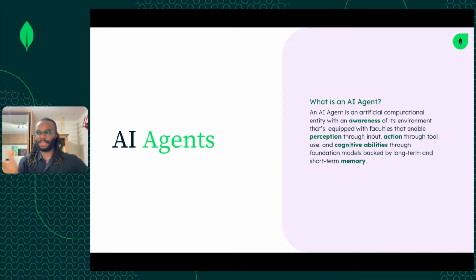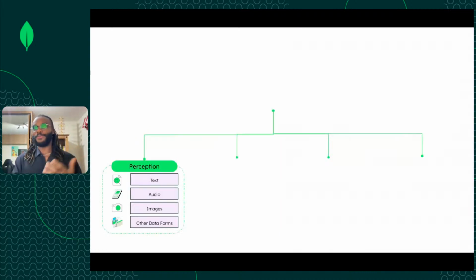So this can be text, images, sound, and it has cognitive ability. So this is where the LLM comes in. An AI agent needs the ability to reason and plan. And also, to round it all up, the AI agent is equipped with some form of memory, maybe long-term or short-term. So these are characteristics of an AI agent, and you could work backwards and form a definition. But again, up for debate.